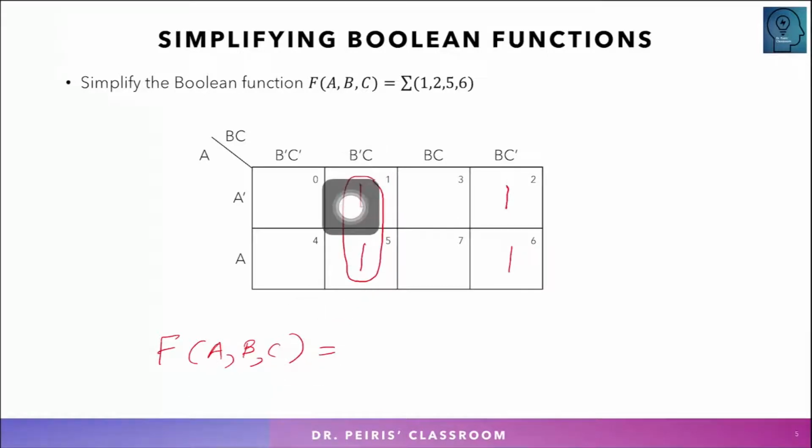For this group, this entire column is valid, which means B prime C is the term for this group, and there is no A because this is A prime and this is A, so it is not common. But for both of these ones, B prime C is common. So our term is going to be B prime C for that group.